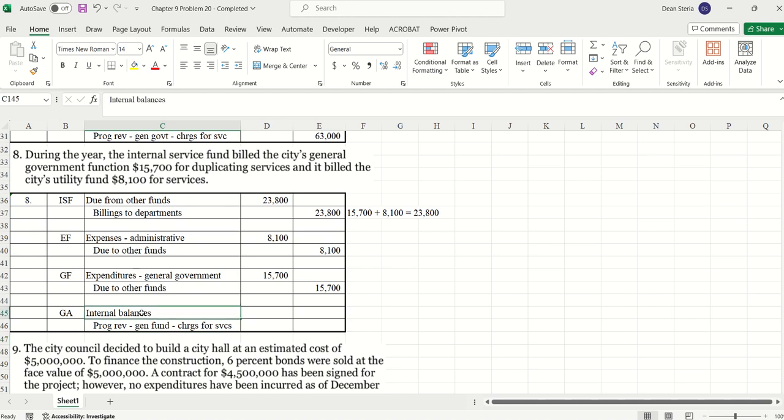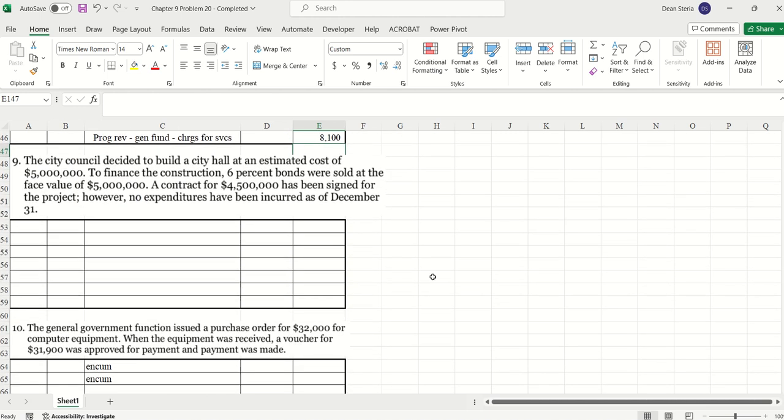Okay, so we have our internal balances, which is going to be for how much? 8,100, right? And then that's going to be 8,100. Okay? Because remember, enterprise funds fall under governmental activities.